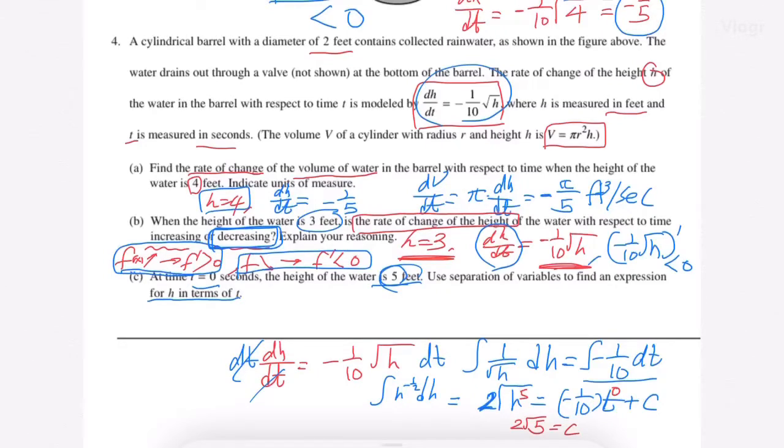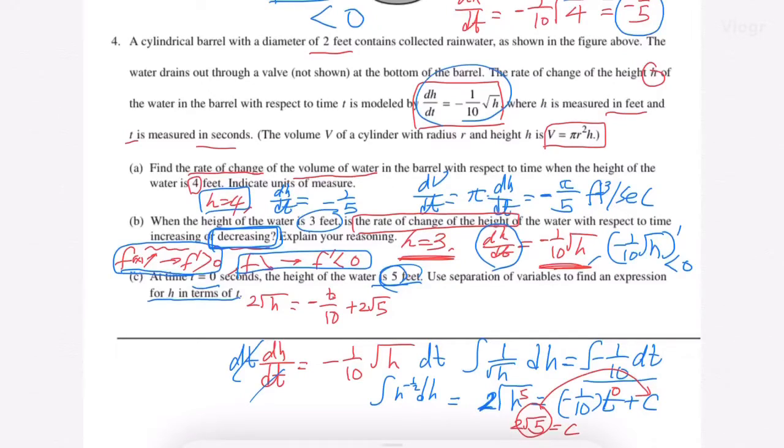Okay, so we got the value of c, 2 root 5. So I'm plugging this number in for c, and you can find that 2 square root of h equals negative t over 10 plus 2 root 5.